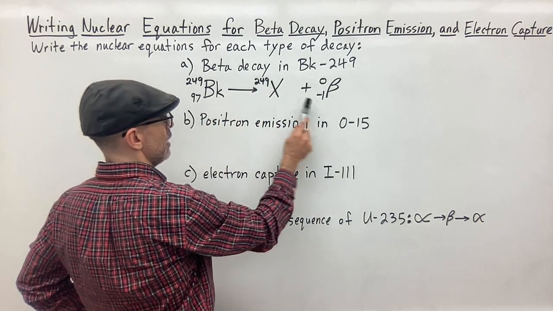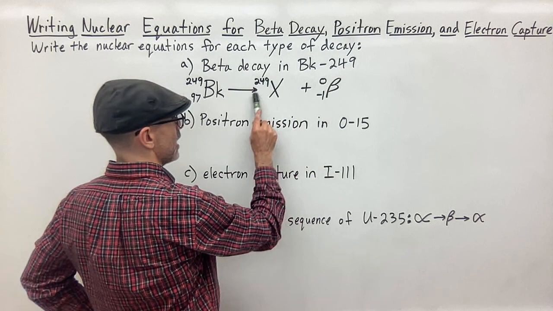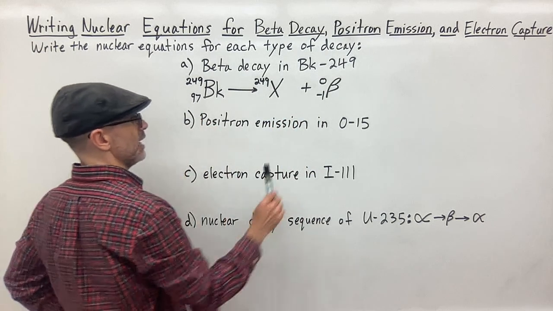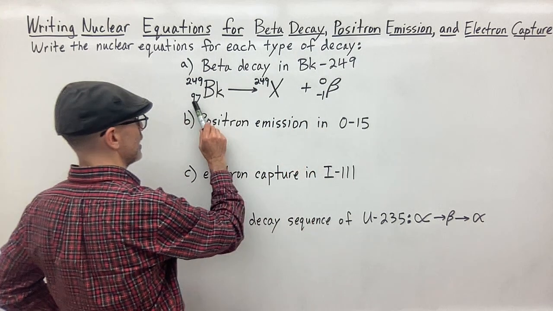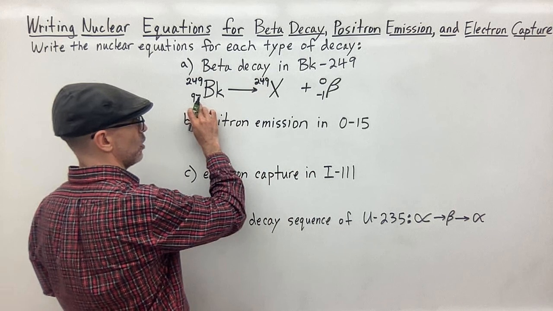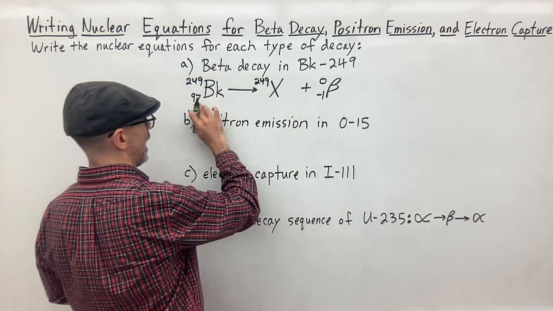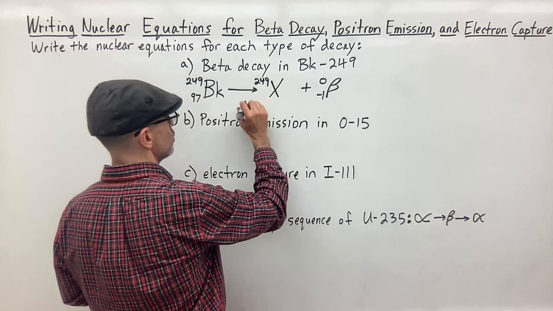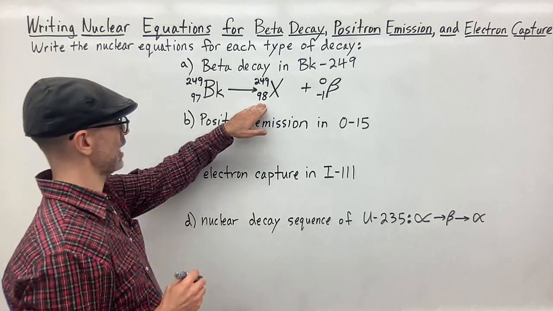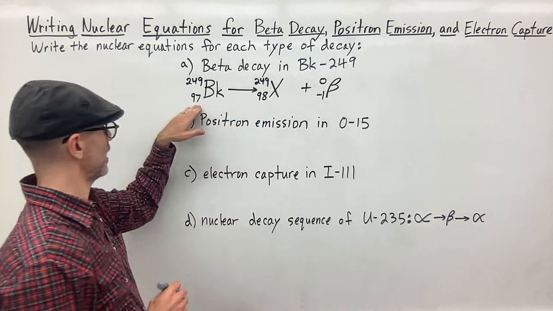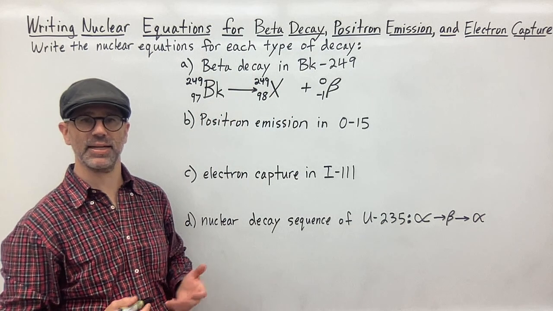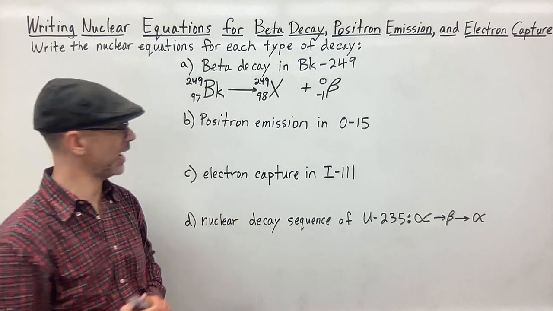If I have a -1 here and then something here, this plus this gives me 97. If I subtract a negative, then that's like adding a positive. So subtracting -1 is like adding 1. So that would be 98. So 98 minus 1 gives me 97. So this would be the nuclear equation for the beta decay of BK 249.